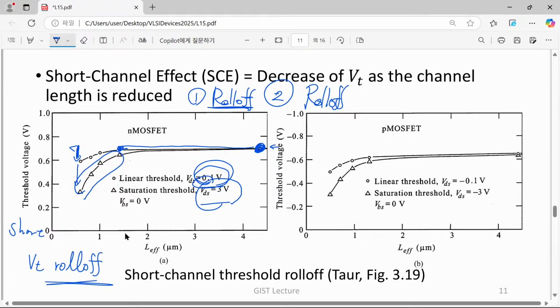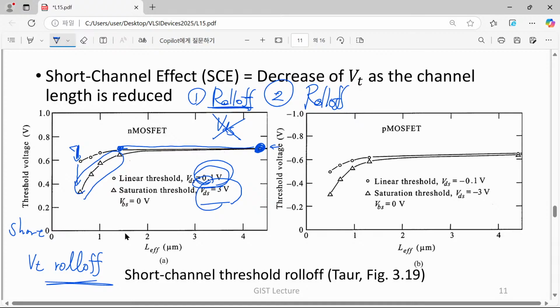These are the 2 points we have to understand. So usually people say that short channel effect is related with DIBL, drain induced barrier lowering. That's correct. That is the most important one. However, even without high drain bias, still that happens. So I will explain these 2 points one by one.